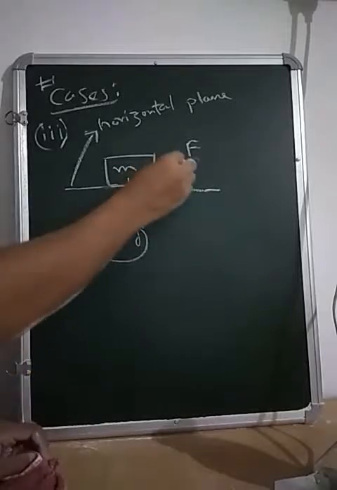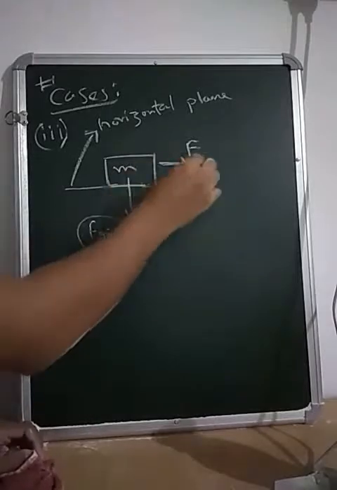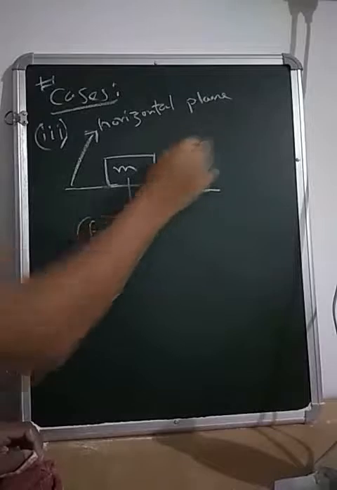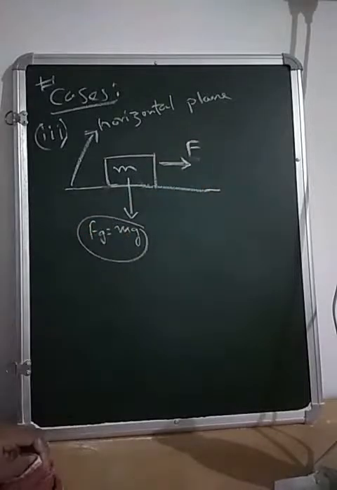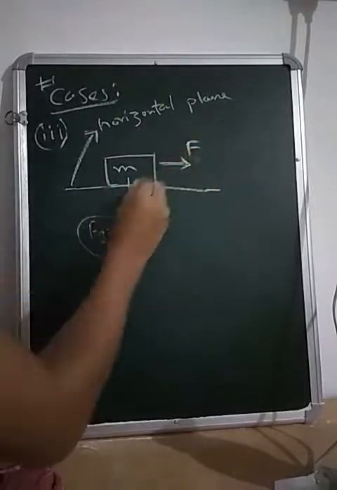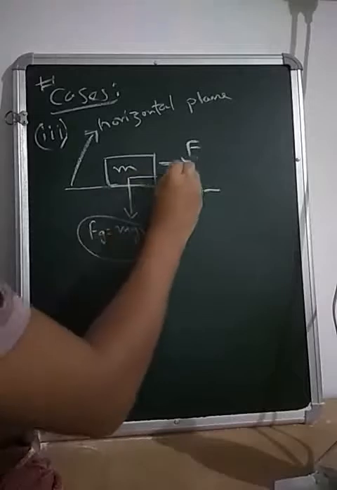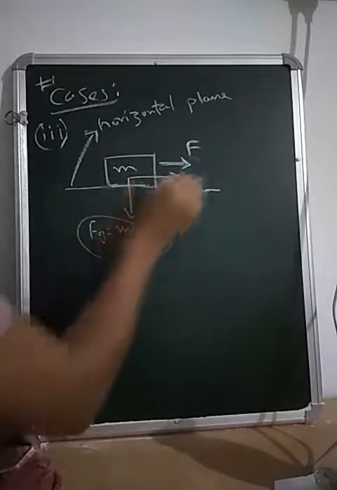So in this system, the forces applied are F and the gravitational force Fg. The displacement of this object is in this direction.